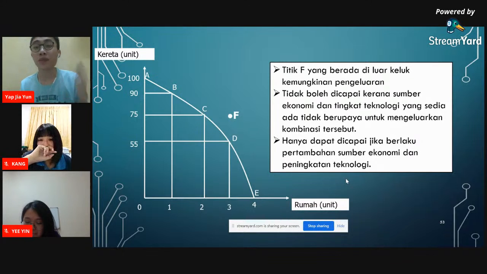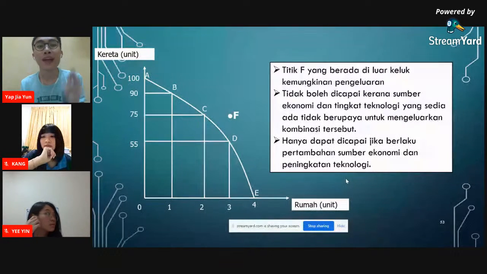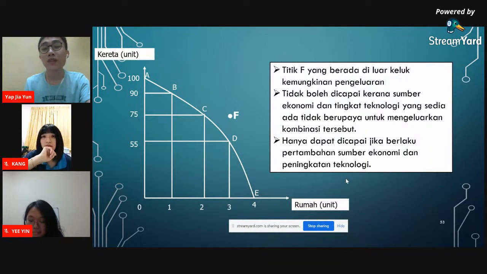Kita hanya boleh mencapainya apabila berlaku pertambahan sumber ekonomi ataupun peningkatan teknologi untuk mencapai titik kombinasi pengeluaran pada F itu. Keluk kemungkinan pengeluaran asalnya akan beralih ke kanan.